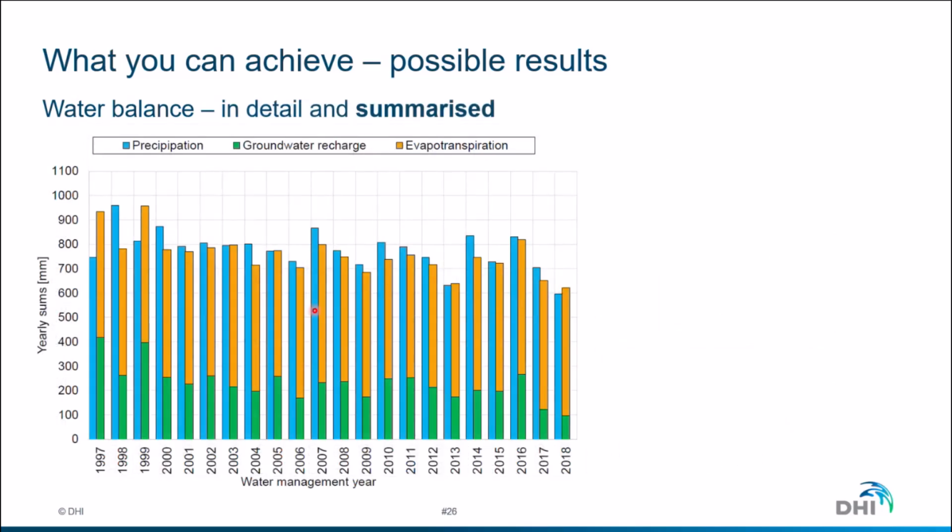And of course, you can do this also summarized in a more high level. This is more of interest for you if you want to see, for example, the overall catchment water balance, mainly focusing on the most relevant processes, or you want to assess possible groundwater abstraction permits.